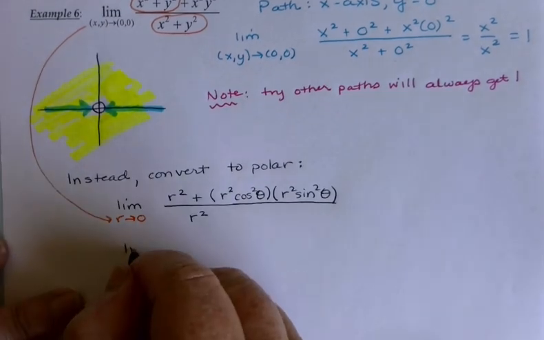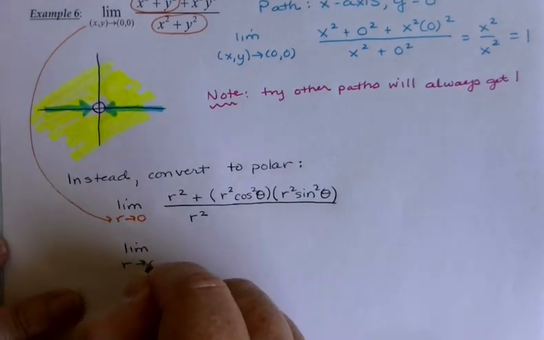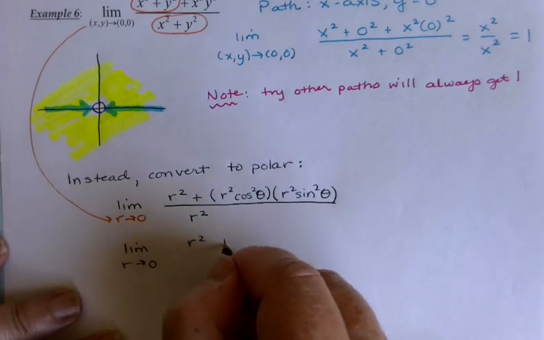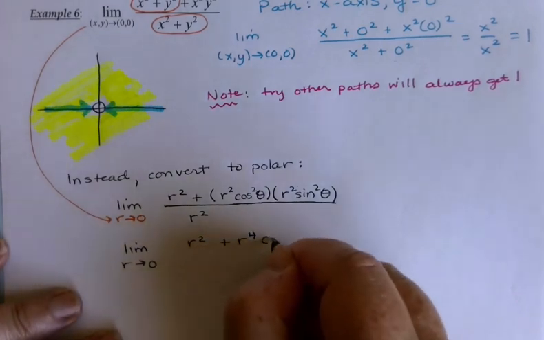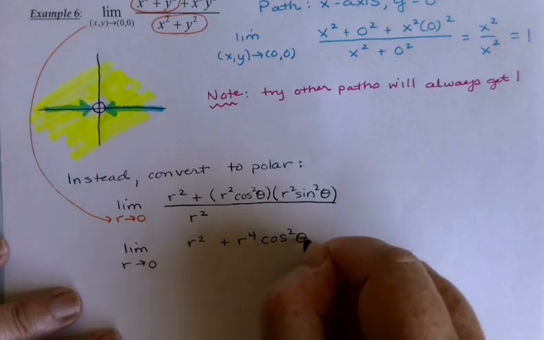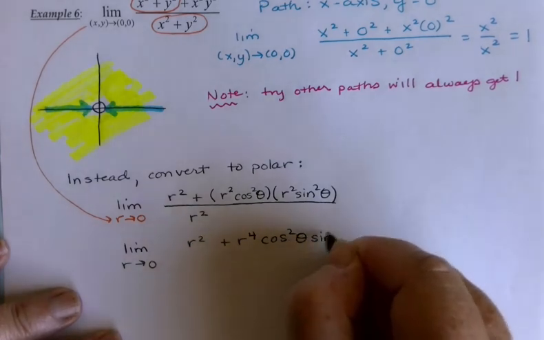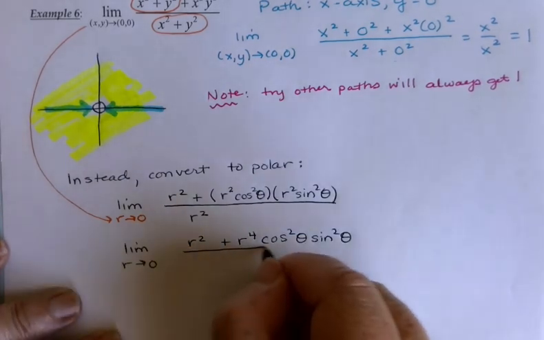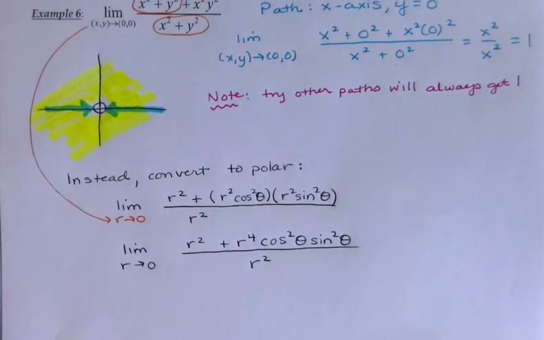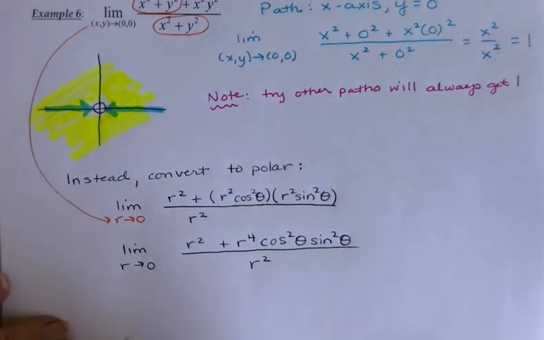All right, let's simplify this a little bit. I'd have r squared plus r to the 4th cos squared theta sine squared theta over r squared. And I could factor an r squared out at the top.